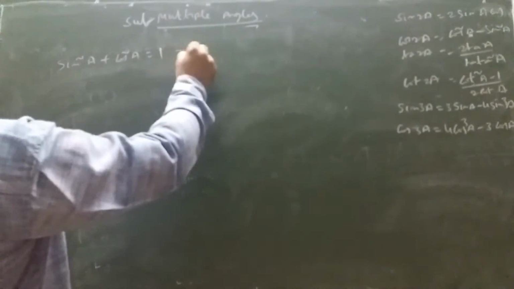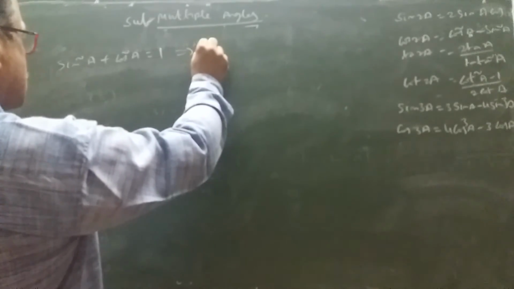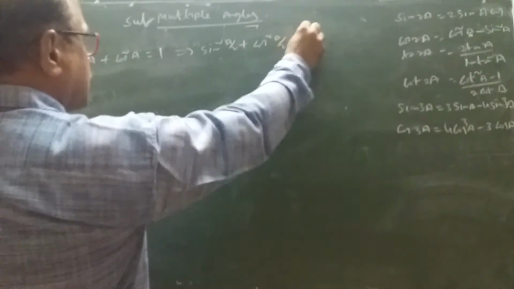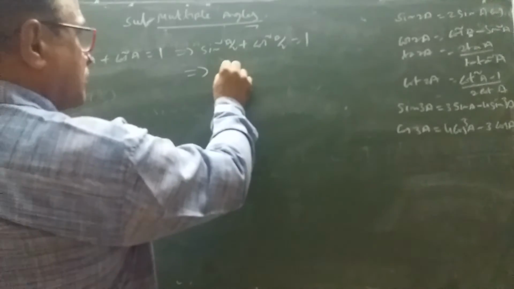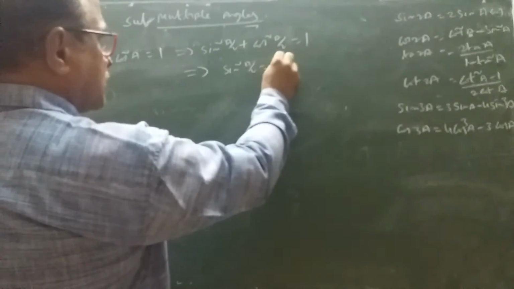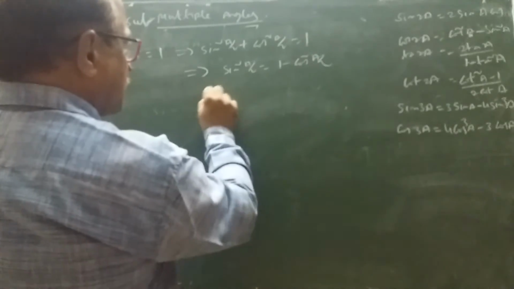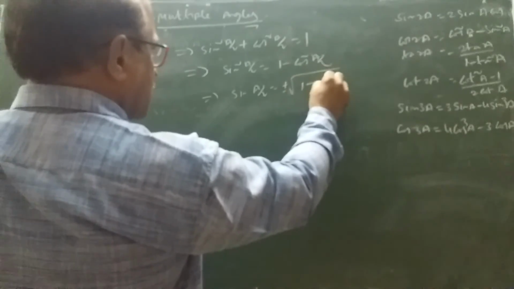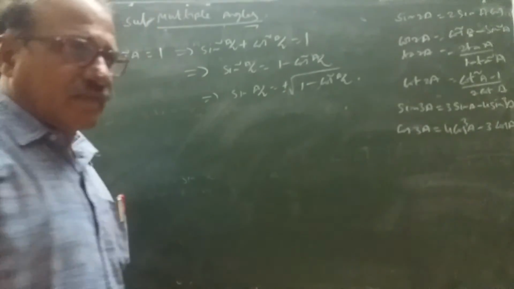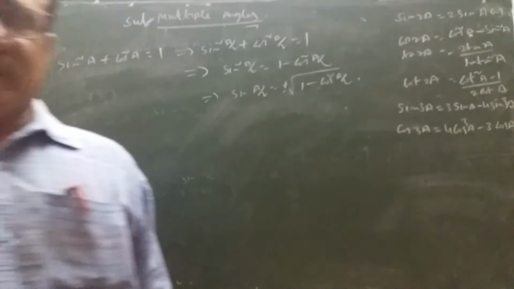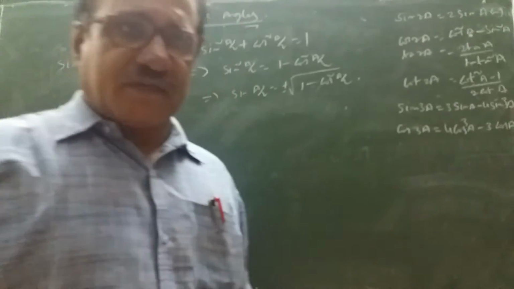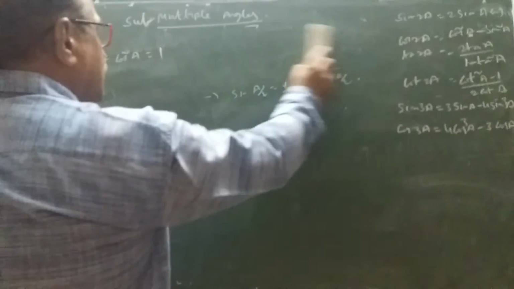That implies sin square A by 2 plus cos square A by 2 also equals 1. That implies sin square A by 2 is equal to 1 minus cos square A by 2. That implies sin A by 2 is equal to plus or minus under root 1 minus cos A by 2 squared. By using A equal to A by 2, we can prove the remaining relations also. Now we will take one relation, cos 2A.